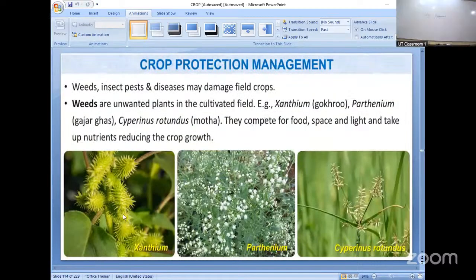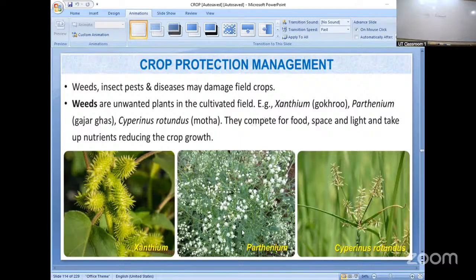And weedicides. Weeds are unwanted plants that grow, so the crop should be protected from weeds, like Xanthium, Parthenium, Cyperus rotundus. Why should these be removed? Because they compete with the main crop.